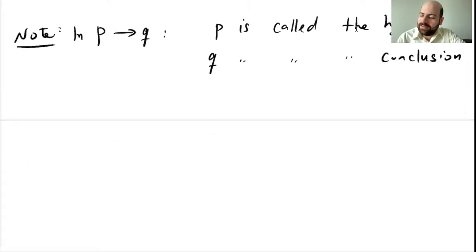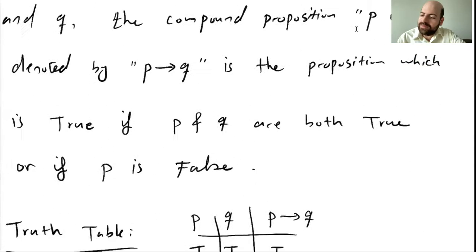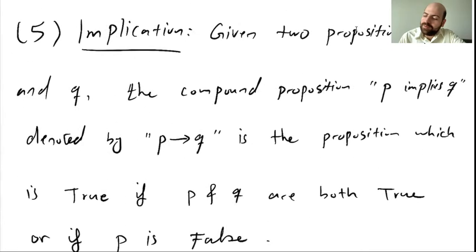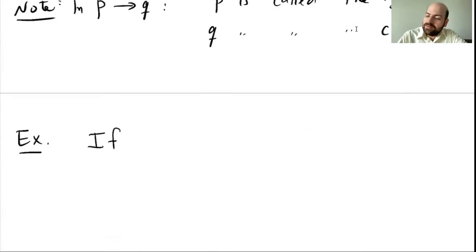Okay, so let's look at an example. Here I said P implies Q, but sometimes this is called if P then Q. These are also common terminology.